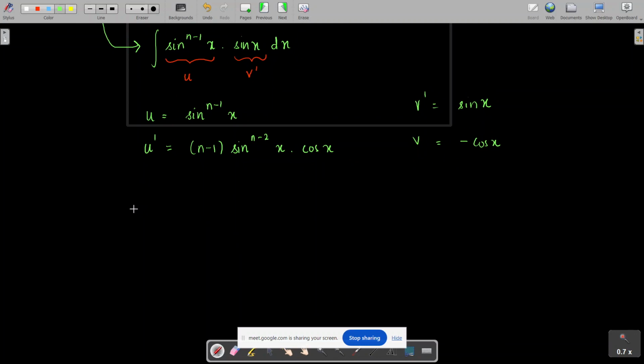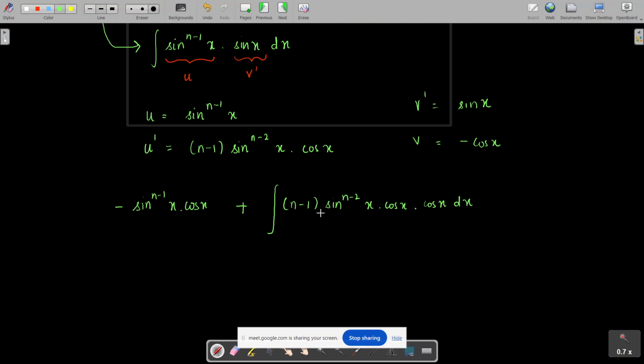So u times v, we have sine n minus 1 x, v is negative cosine x, minus integral of u prime times v. So v is negative cosine of x. I'm taking this negative sign outside, so this becomes positive cosine of x dx.